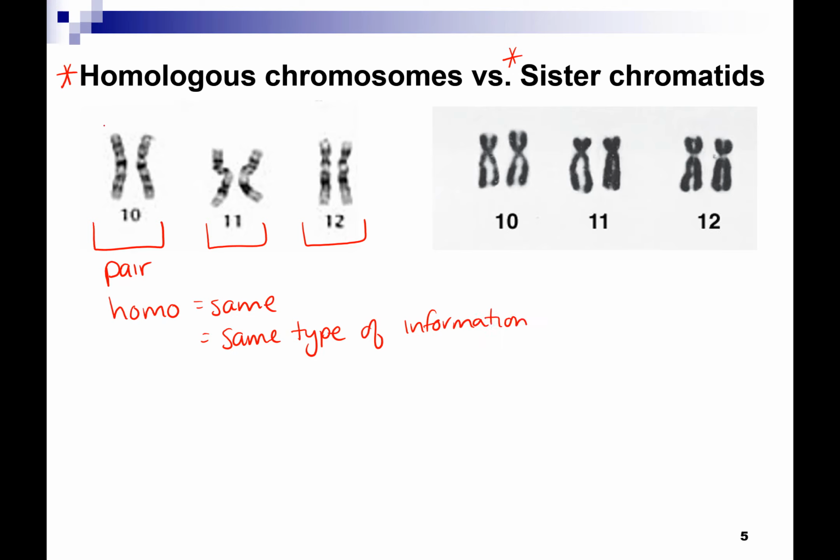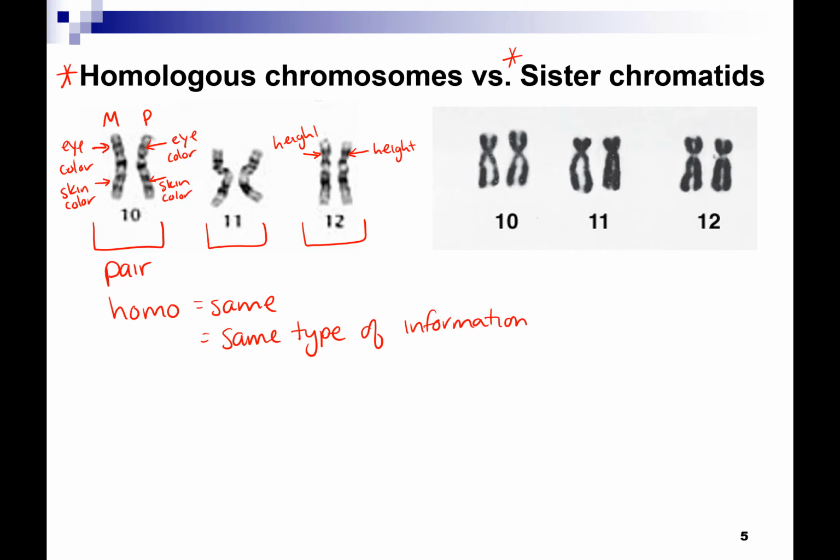So for instance, this might be the one from your mom and this is the one from your dad. And they both might have information about eye color, and they both might have information about, say, skin color. Where on this homologous pair, they might have information about your height.